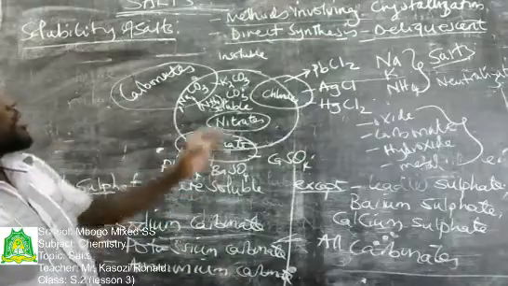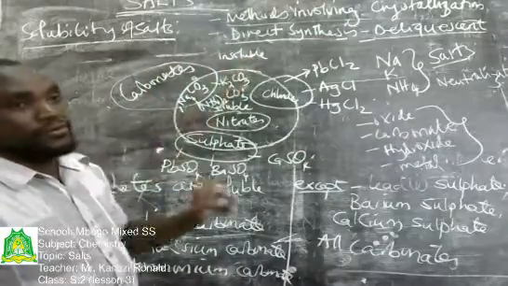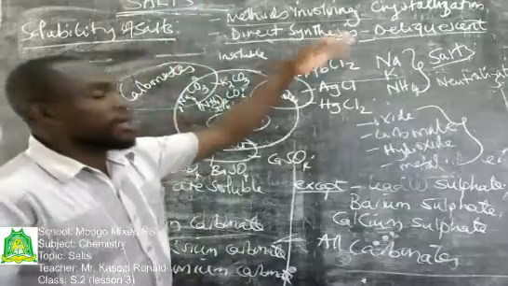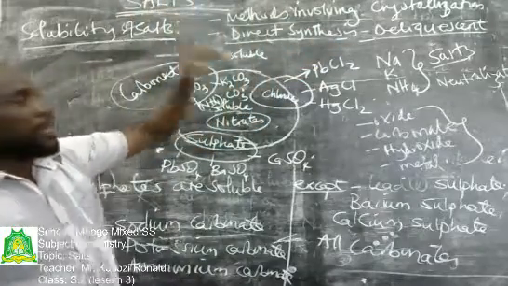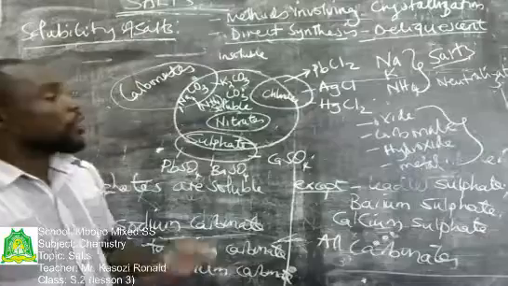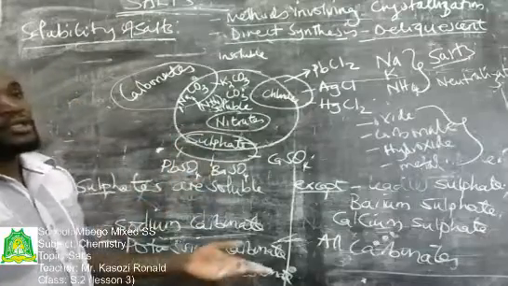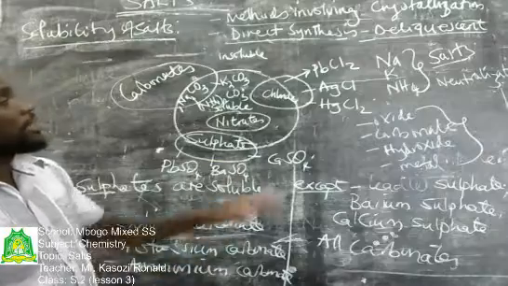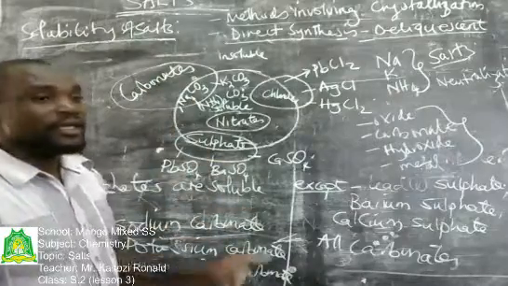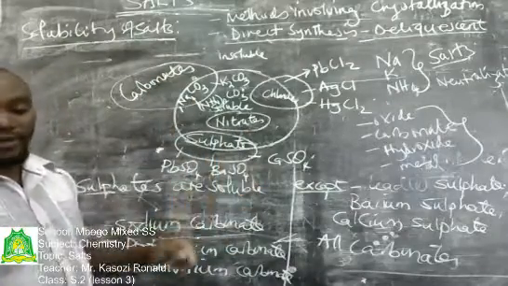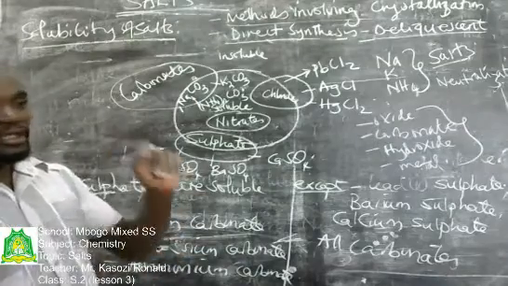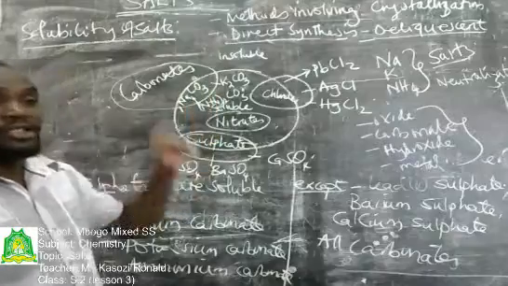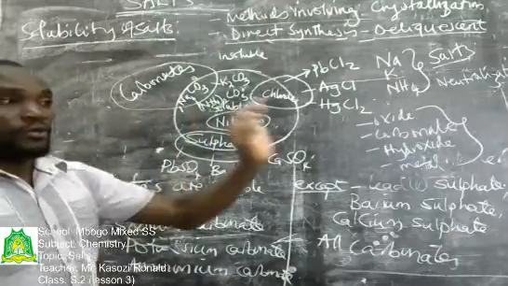If you are preparing anhydrous iron 2 chloride, you heat iron in a dry current of hydrogen chloride gas. You heat magnesium in chlorine to get magnesium chloride. Zinc chloride, you heat zinc in chlorine. That's direct combination of the elements. You want to get calcium chloride, you heat calcium in chlorine.